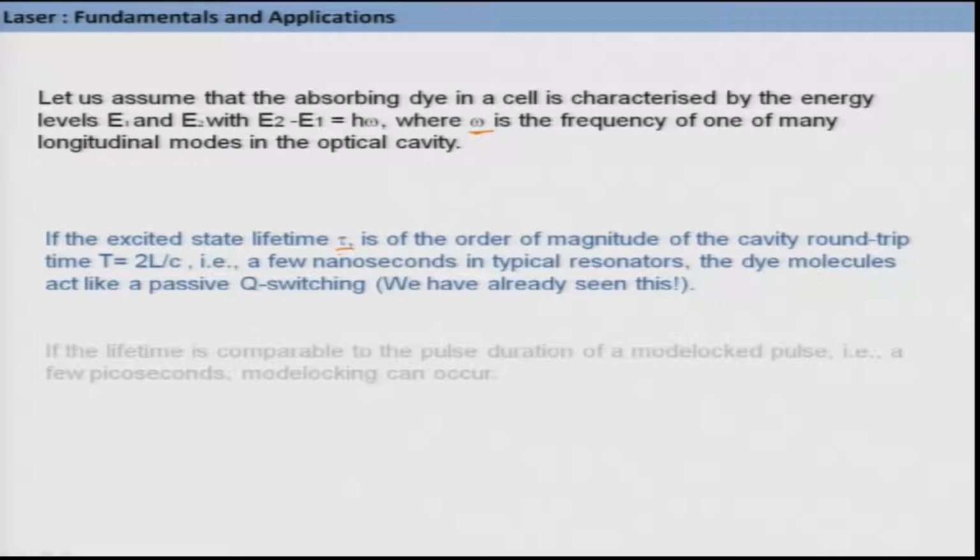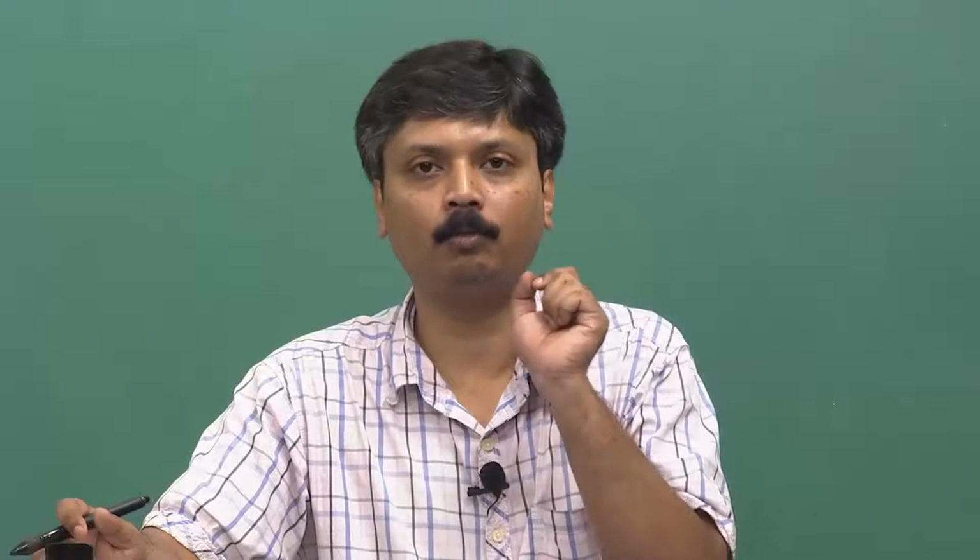On the other hand, if this dye's excited state lifetime tau is very short, how short? If it is comparable to the pulse width of a mode locked laser output.